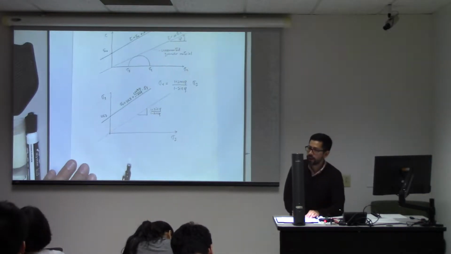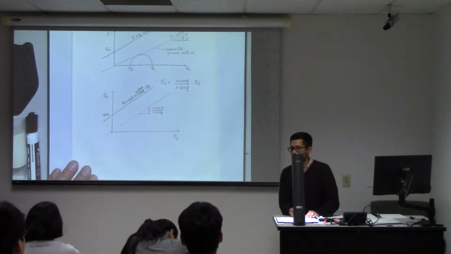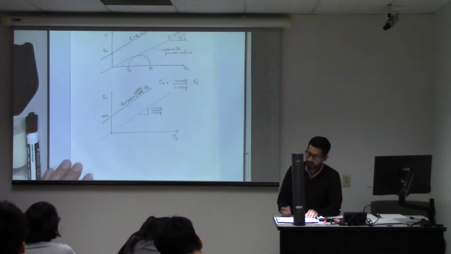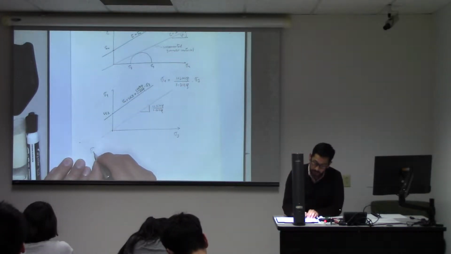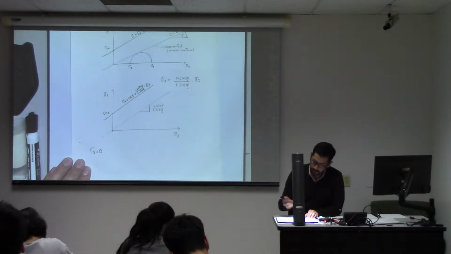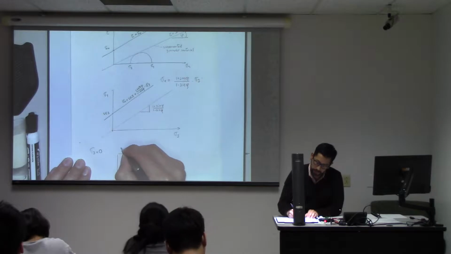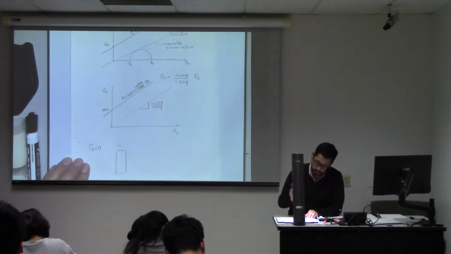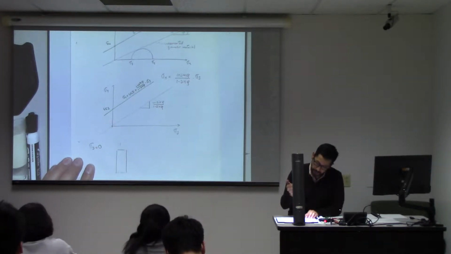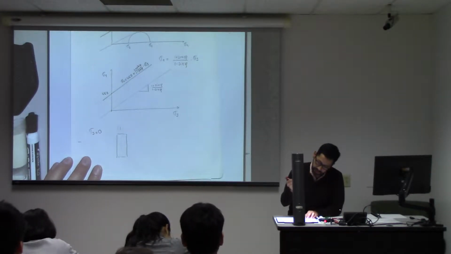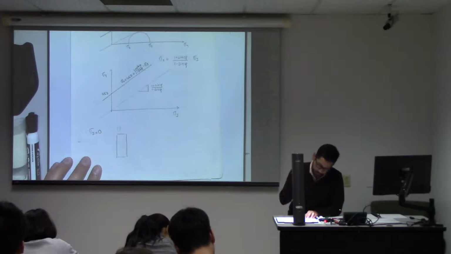If you run a test on a cemented material with no confining stress, with sigma 3 equal to 0, and you subject it to compression in one direction, you're going to measure what is called unconfined compression strength.